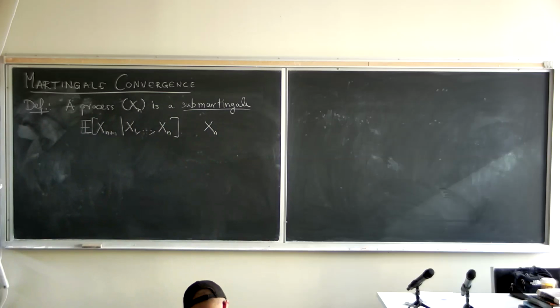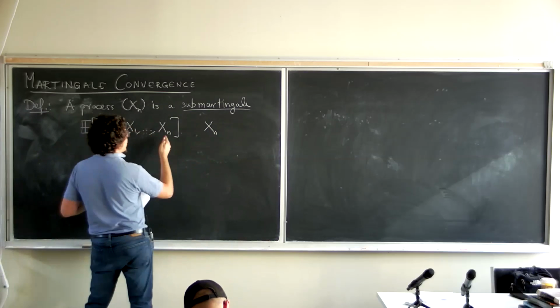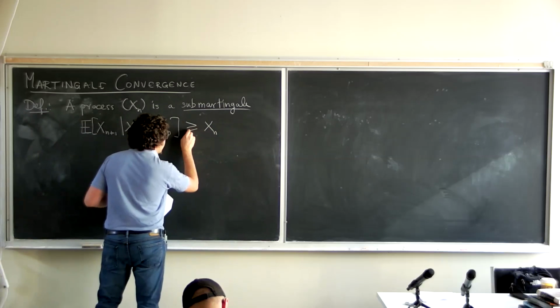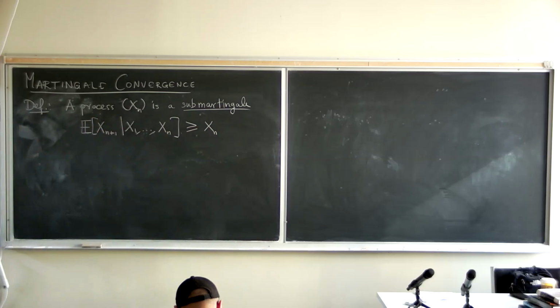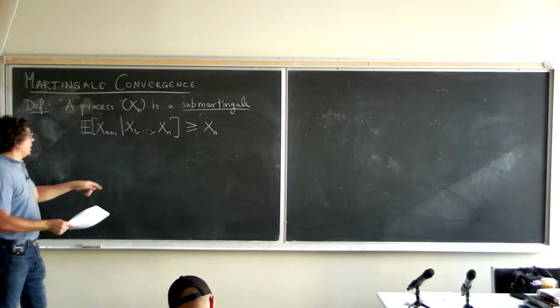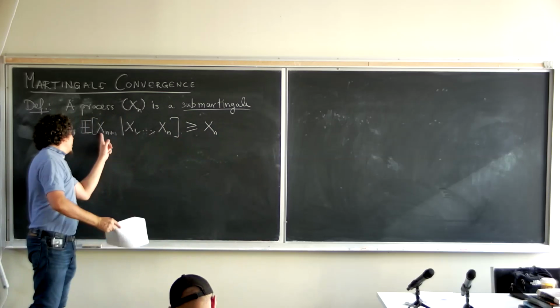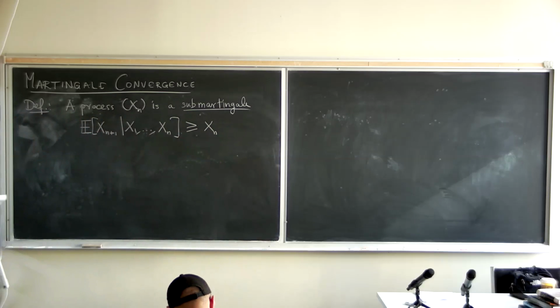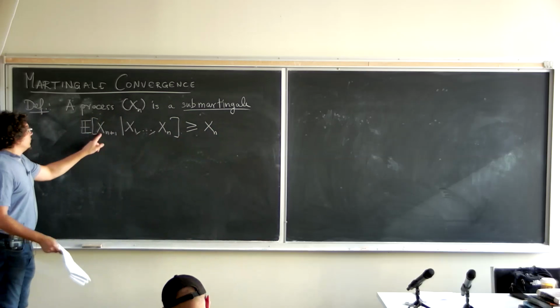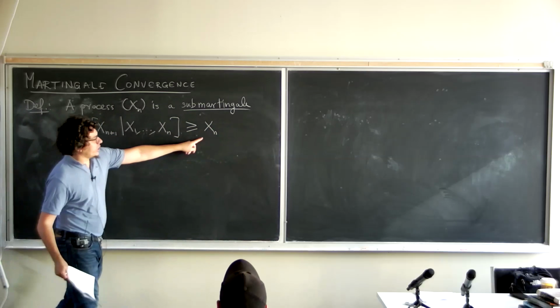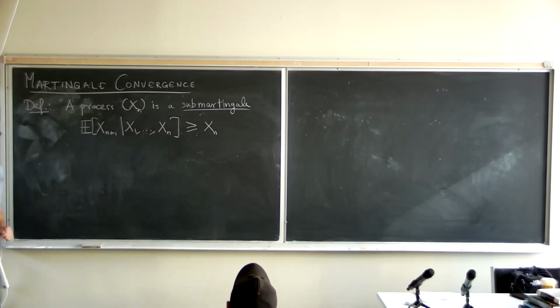And in fact, the inequality that defines the submartingale is bigger or equal. So submartingale means that the expected value of tomorrow's value of the process is bigger or equal than today's value. I think the reason we call it sub is because there's an interpretation in terms of subharmonic functions.